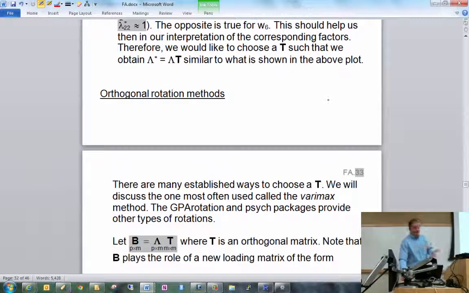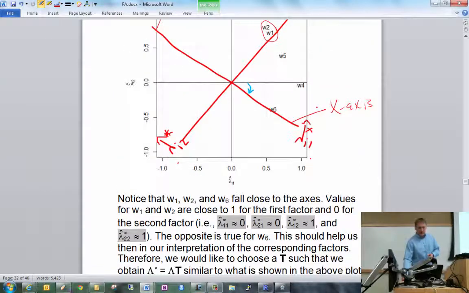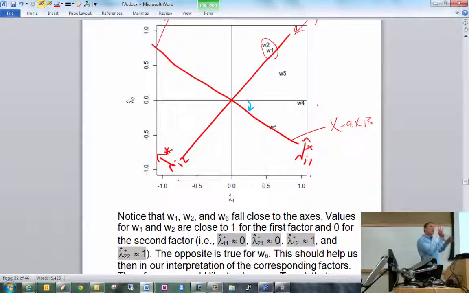So let's look at specific ways to find this T matrix. We're going to do a small subsection here called orthogonal rotation methods. The reason it's called orthogonal is because we are still going to keep these perpendicular axes, an x-axis and y-axis that are perpendicular to one another.